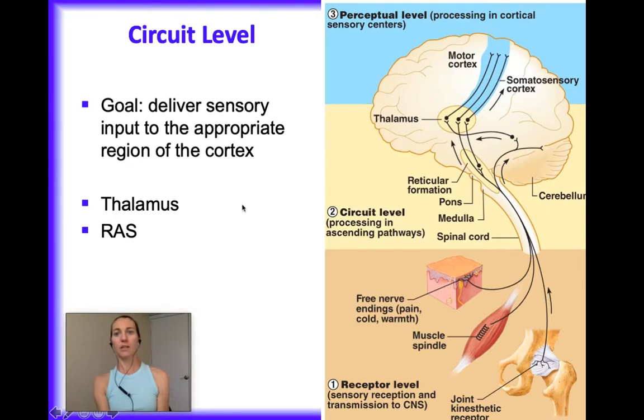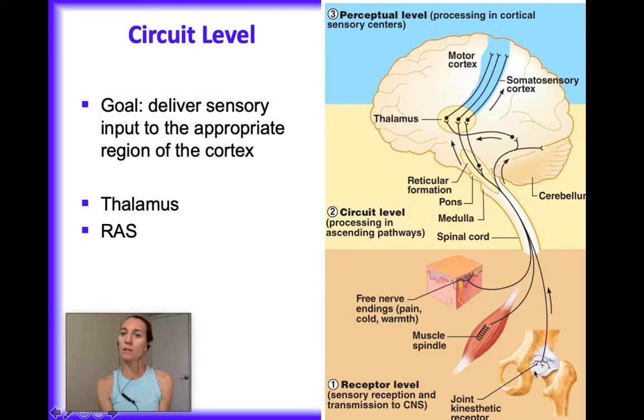In addition, don't forget the role of that reticular activating system. So this system very much acts as a gatekeeper to be able to determine what information is going to make it to our conscious perception here.